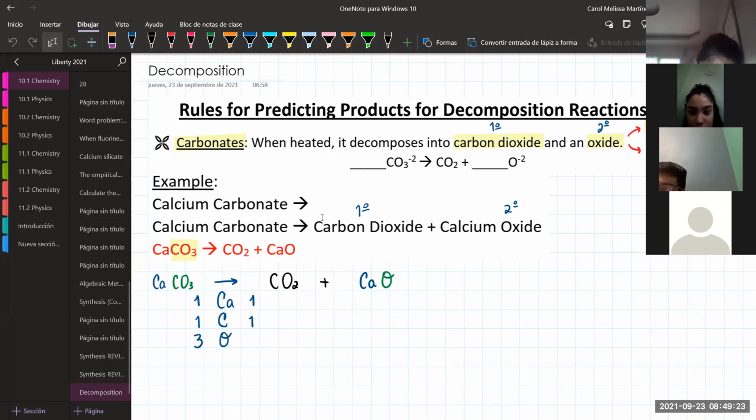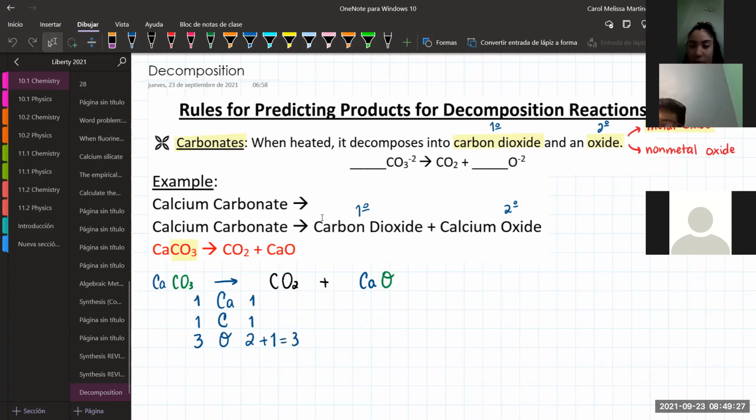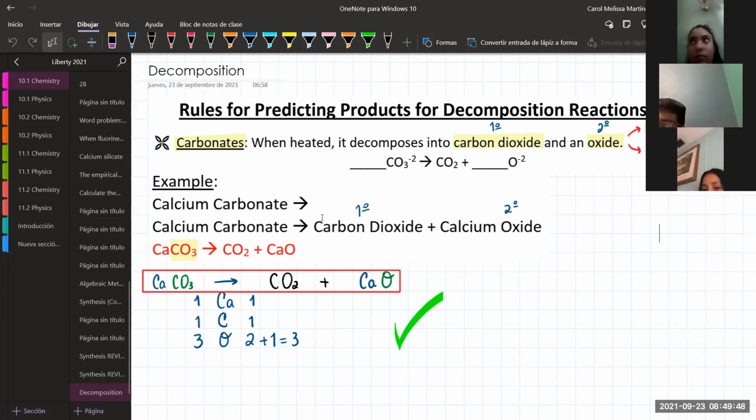Three oxygens in the left, and 2 plus 1 equals 3 oxygens in the right. As you notice, it is balanced. Since this equation is already balanced, all I need to do is express my final answer in a box, just like I suggest all the time. Using a ruler will be okay. This is exactly what you do with this kind of problems.